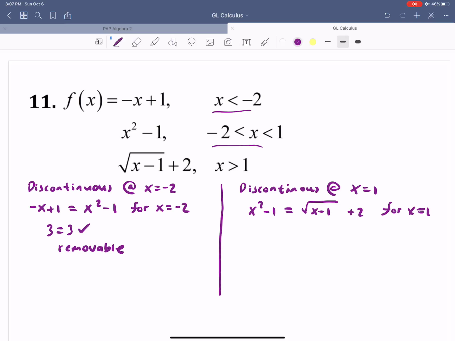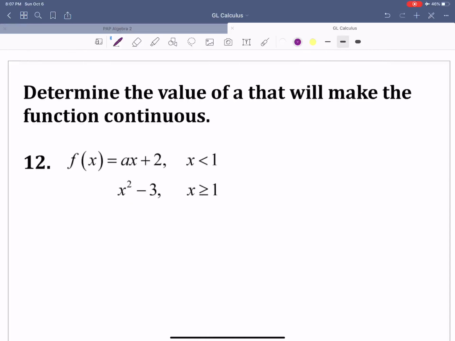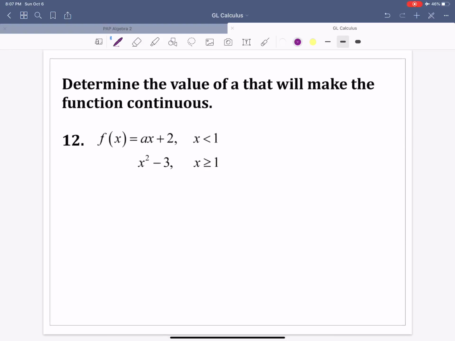So we just plug and chug. Plug a 1 in for x squared. That's 1 minus 1 gives me 0. And then the square root of 1 minus 1 is 0. 0 plus 2 is 2. So those are not equal. So the limit does not exist. Therefore, we call it non-removable discontinuity. Non-removable.